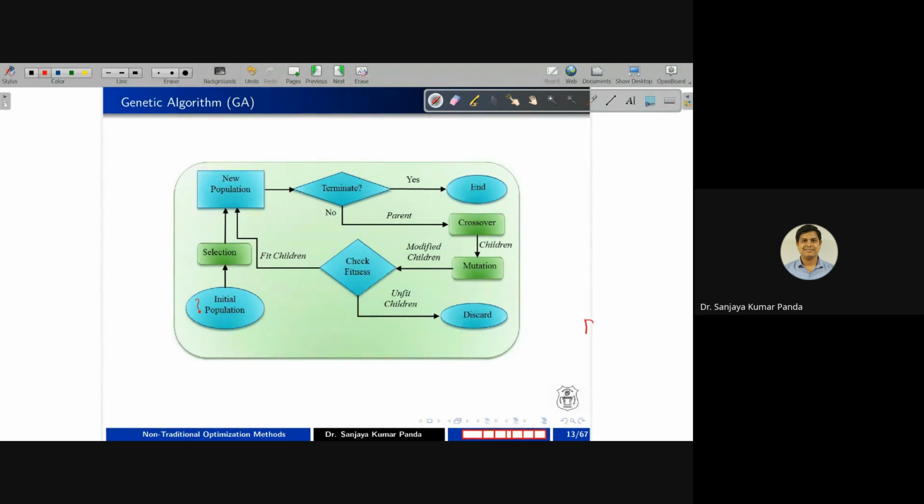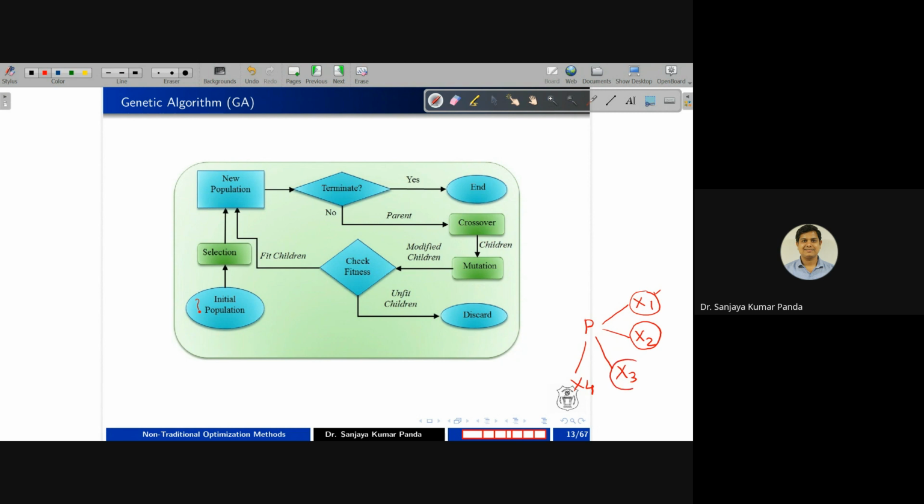For a particular problem P, you have a number of solutions: X1 is a solution, X2 is a solution, X3 is a solution, X4 is a solution, and so on. Maybe X1 is a better solution than X2, or X2 is better than X3, but they are all solutions.